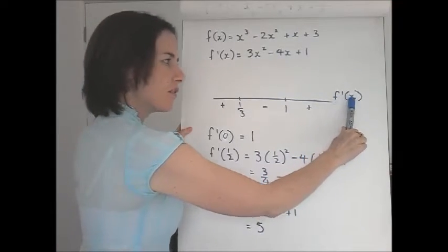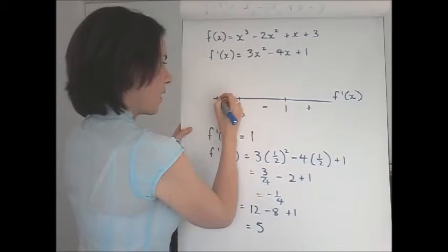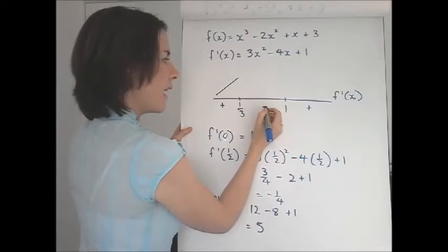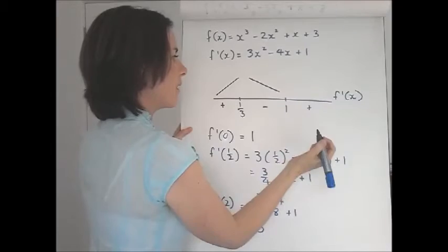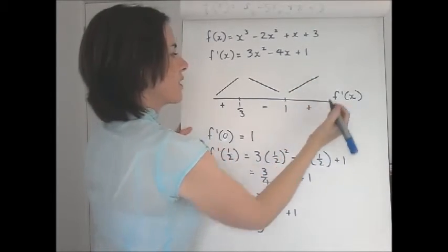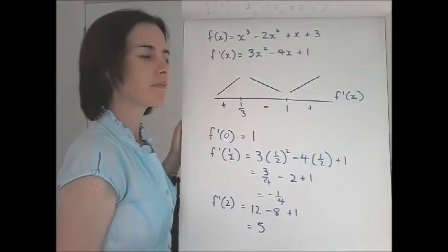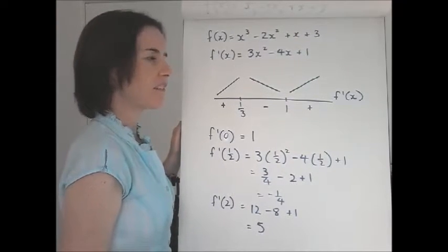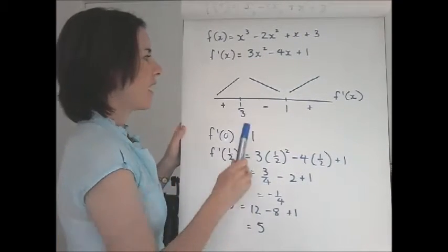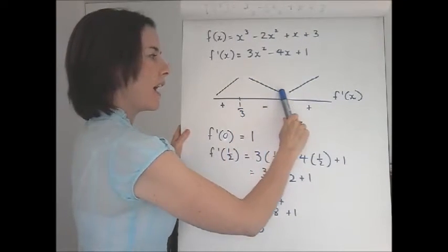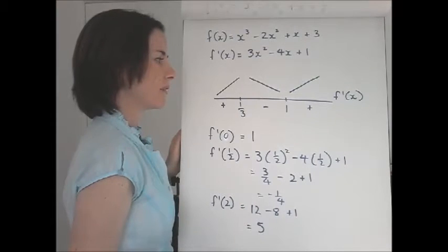Now this is the first derivative, so a positive gradient goes that way, a negative gradient goes that way, a positive gradient goes that way. First derivative is gradient. And I can see now from my sign diagram that it's a maximum at x equals a third and it's a minimum at x equals 1.